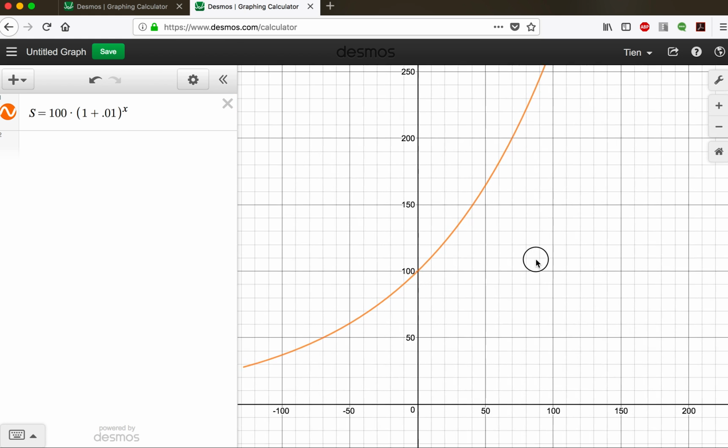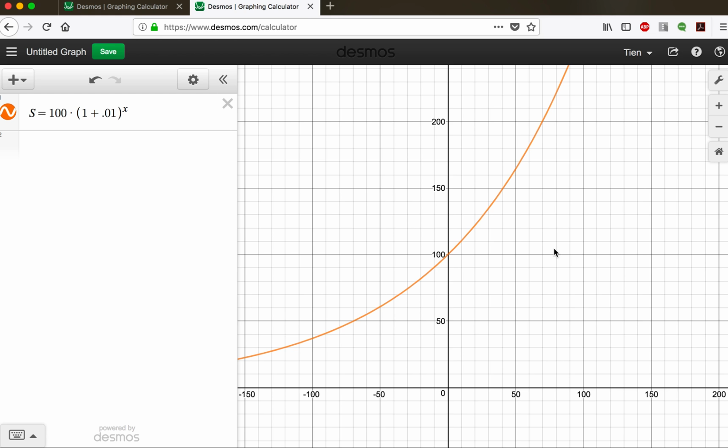So when we dealt with financial mathematics, all of those things were modeled by exponential functions.